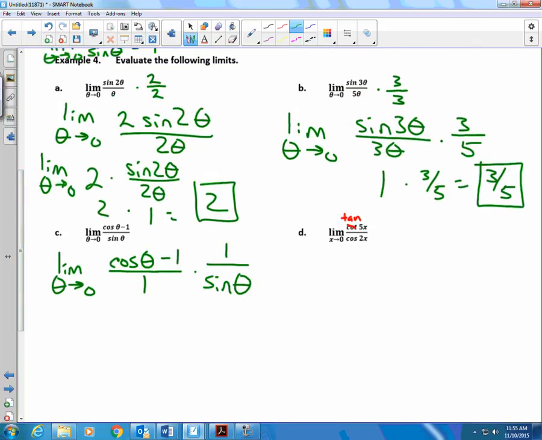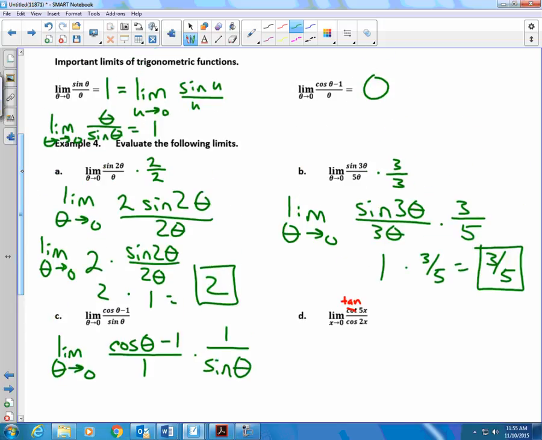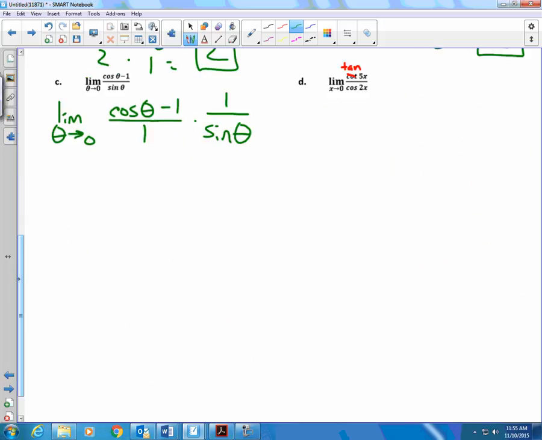This right here comes from this, right? Only what do we have in this example that we do not have right here? We don't have a theta in the denominator. And here we need a theta in the denominator, so I'm going to multiply by theta over theta.